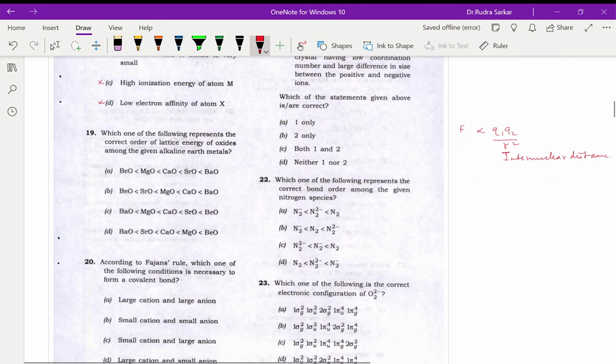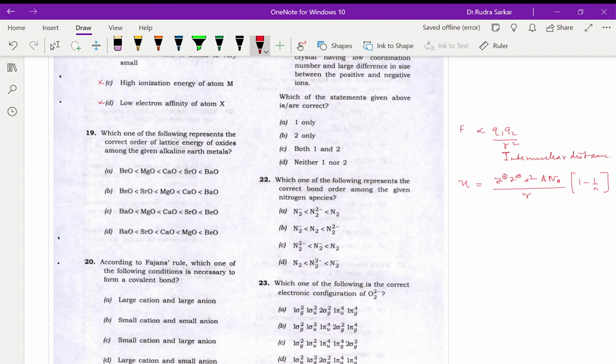Even if you write the lattice energy expression, U equals Z plus Z minus e square A N A by R, into 1 minus 1 by n.